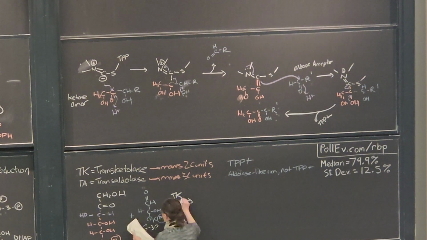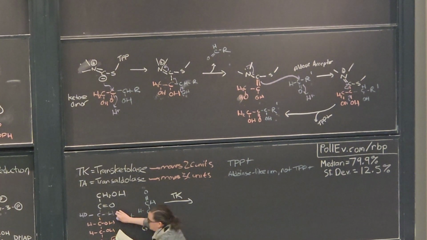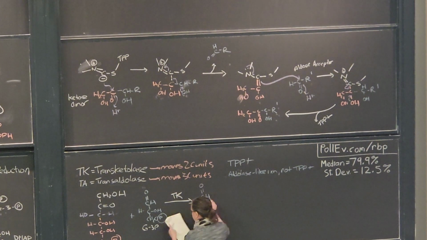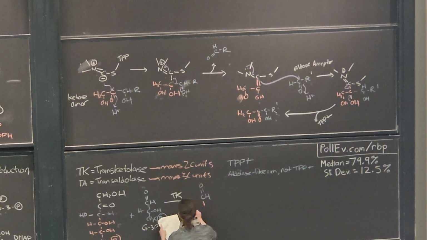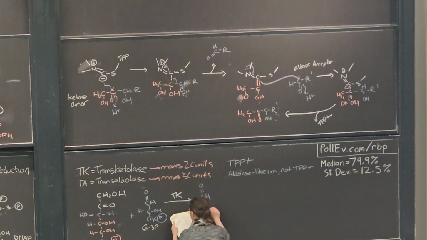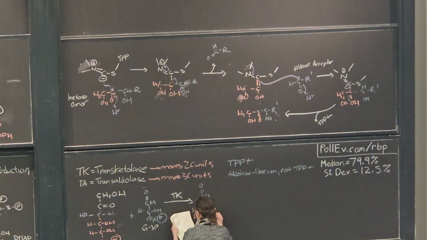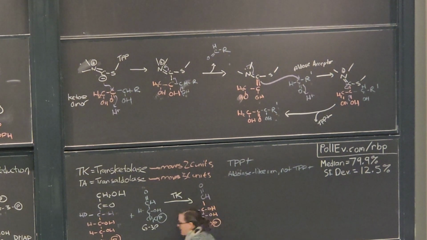If we run the transketolase reaction, what we end up with is an aldose that's 2 carbons shorter, so it starts there. And then the remaining part of the aldose. This happens to be erythrose 4-phosphate.